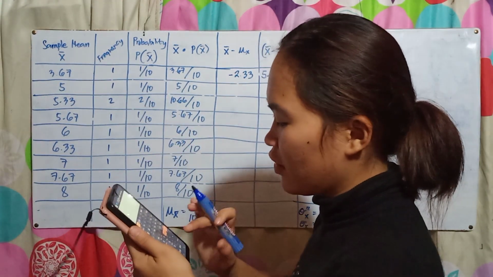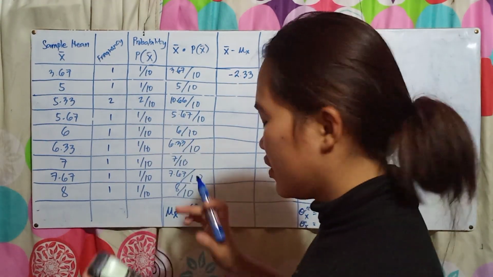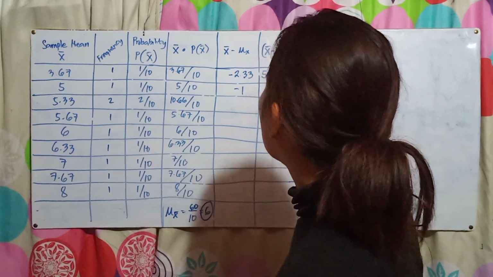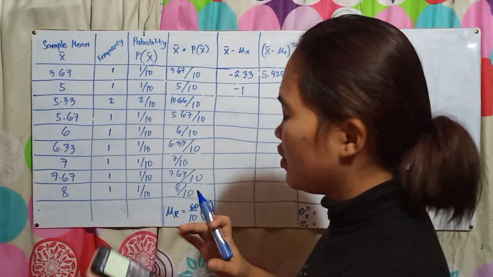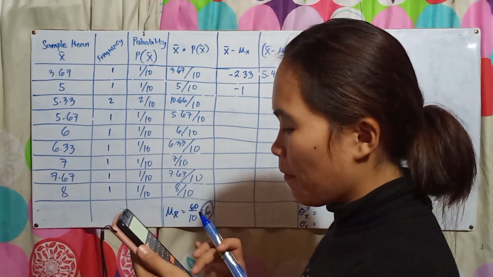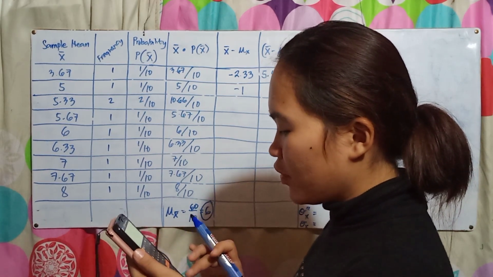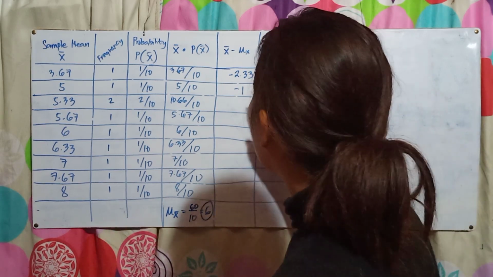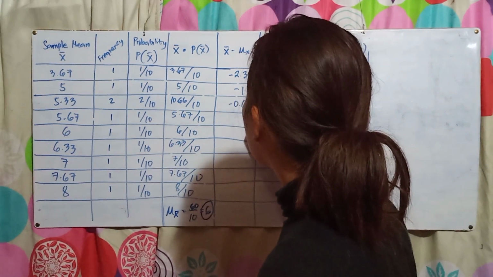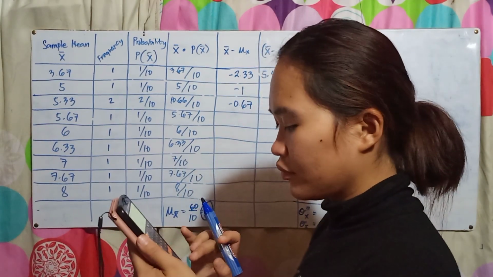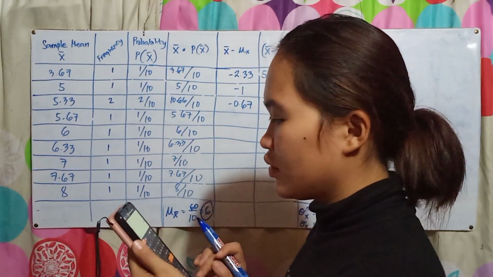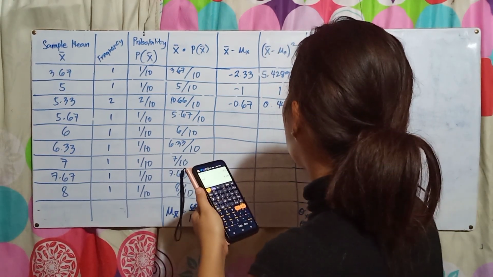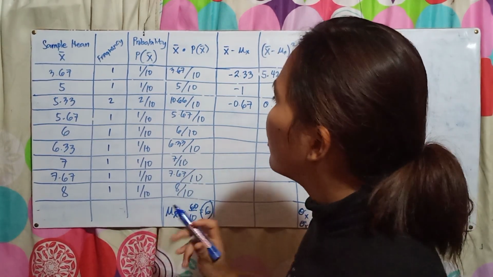Next, 5 minus 6 is negative 1, raised to the power of 2, positive 1. Next, 5.33 minus 6 is negative 0.67, squared is 0.4489.